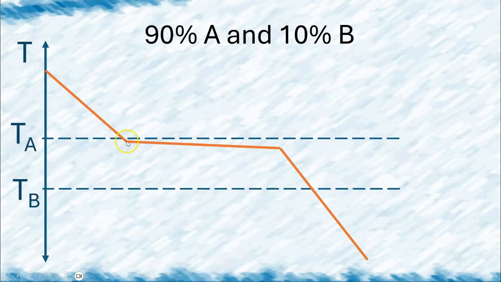We're going to drag down a little bit as we did before, and it's going to be much further away from the melting point of B because of such a high influence of A.